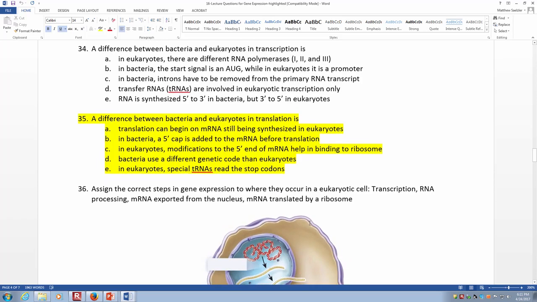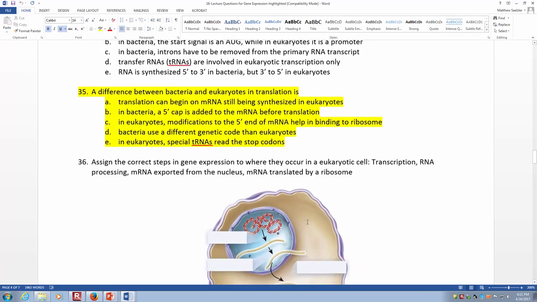So 35, a difference between bacteria and eukaryotes in translation is what?